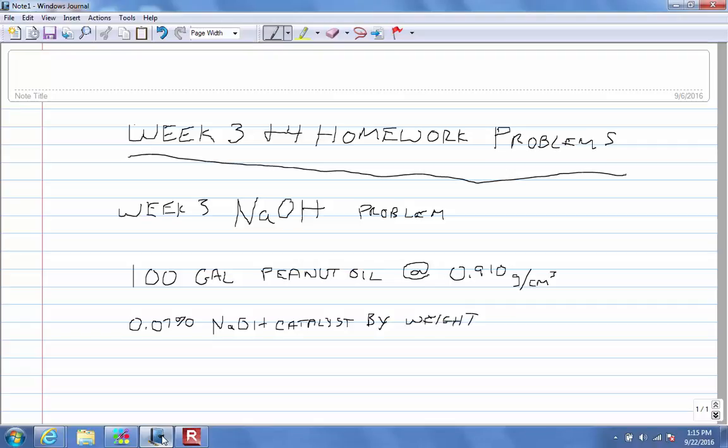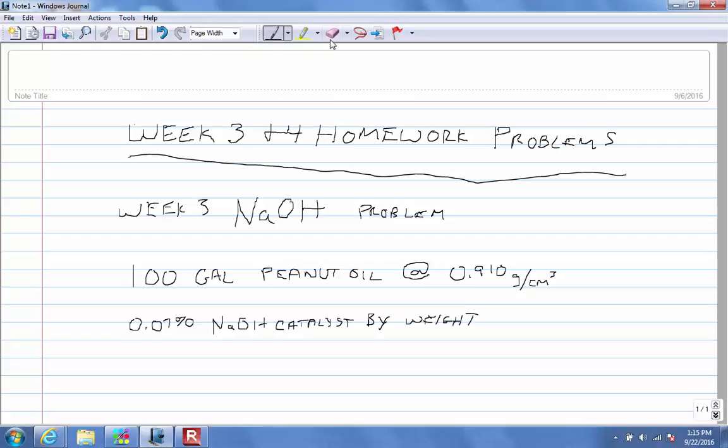I'd like to get that into pounds as soon as possible. I also know that at some point I need 0.07%. Actually, that's not right. I need 0.7% catalyst by weight to mix in with that 100 gallons of peanut oil to figure out what that final number is going to be.